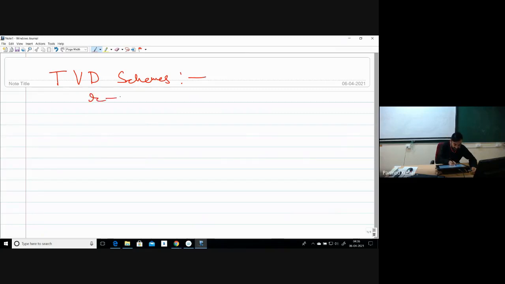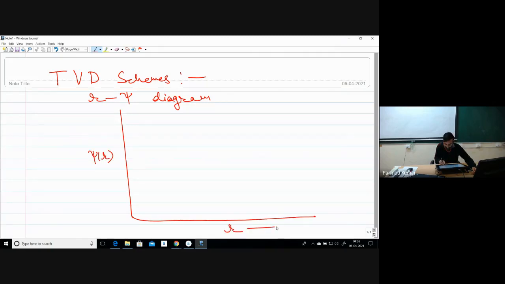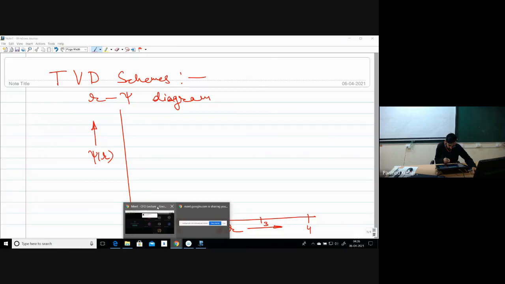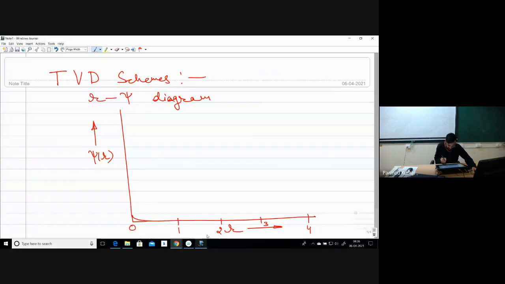That diagram is known as the r-psi diagram. We plotted the values of r and psi for the existing schemes we have studied so far: upwind differencing, linear upwind differencing, central differencing, and QUICK.